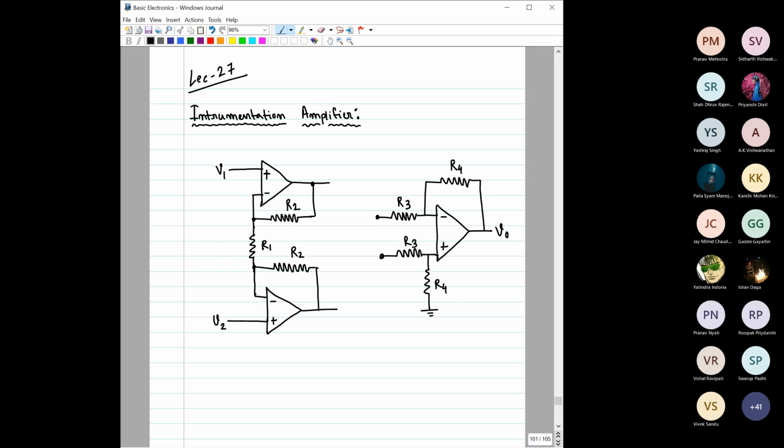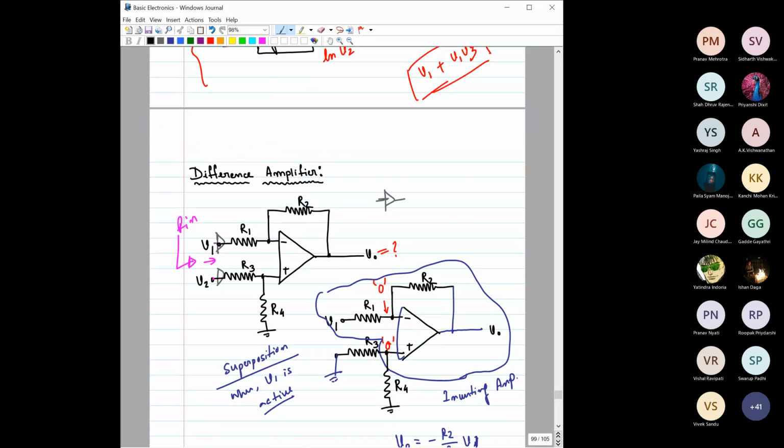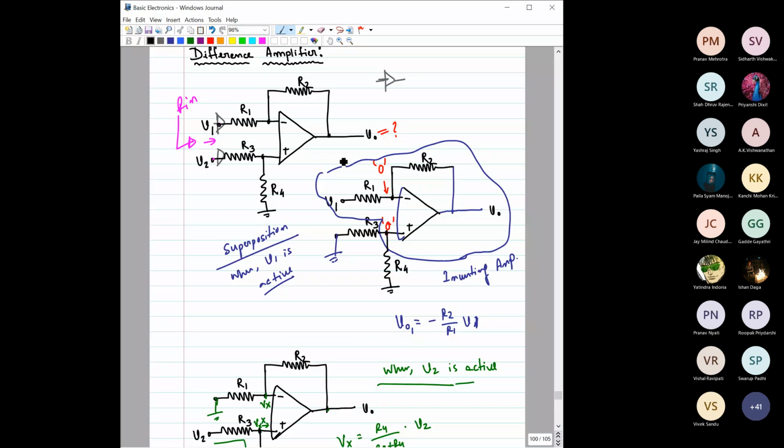Okay. So in our last class, we started our discussion about the difference amplifier, right? And we have seen how the difference amplifier looks.